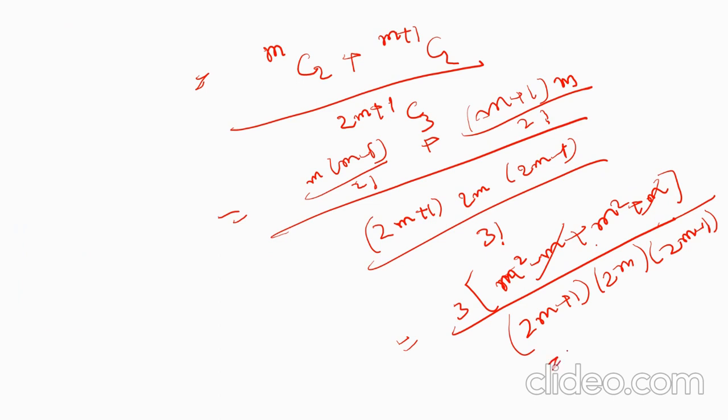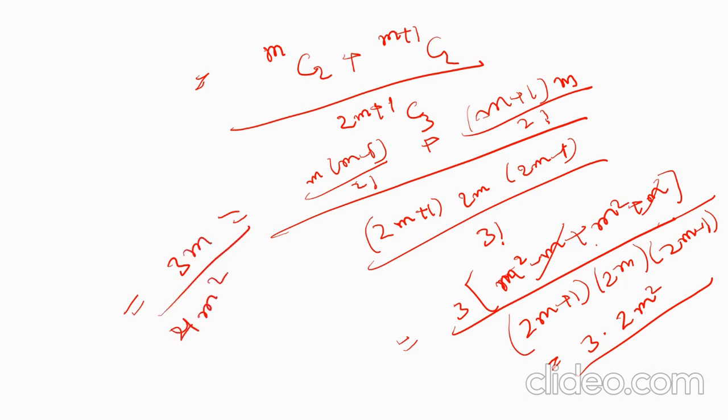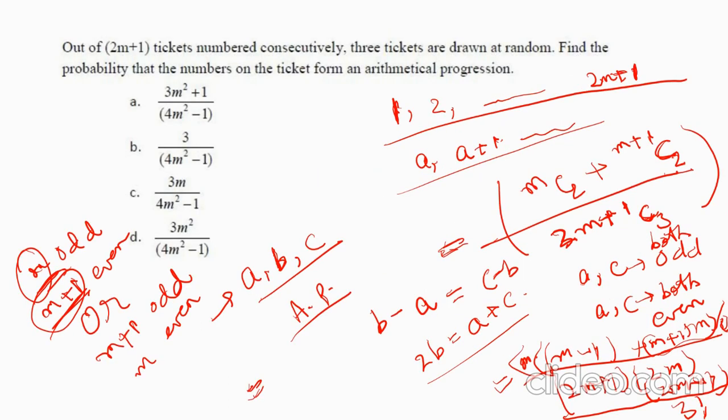So you will have 3 into 2m square divided by this value. So in the answer you will have 3m divided by 4m square minus 1. This 2m will be cancelled out by 2m. So you will remain with 3m divided by 4m square minus 1. So this will be the answer.